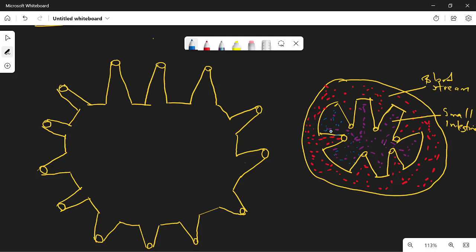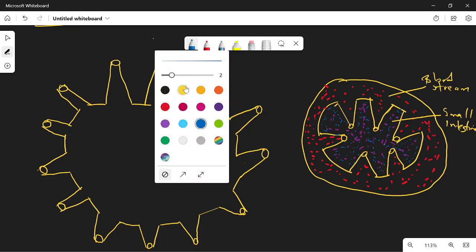We have the nutrients, the digestible materials that have just been digested. That is where we have it in the small intestine. So it needs to get into the bloodstream. So these nutrients will pass through the what? It will pass through the villi.